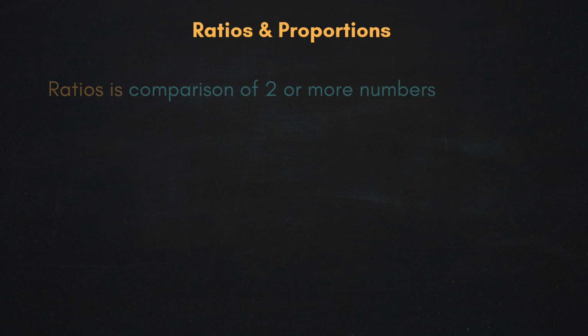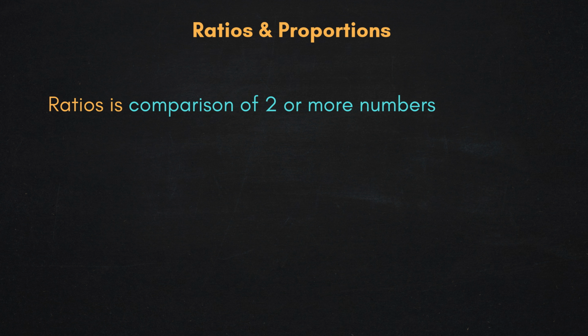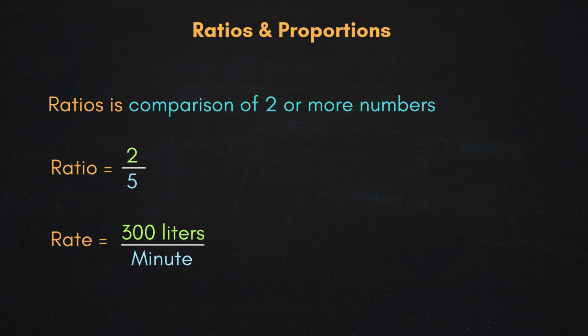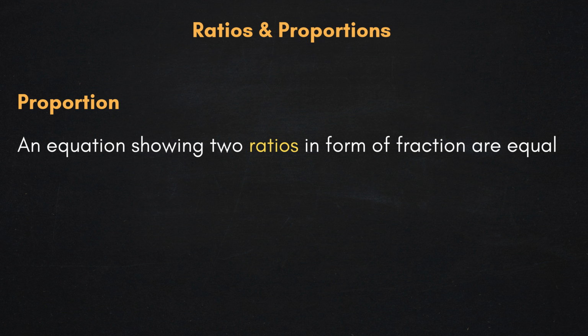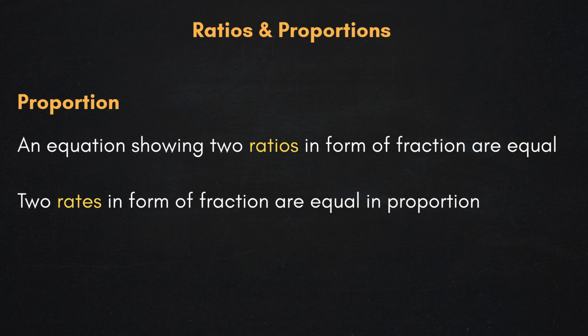A ratio is a way to compare two or more numbers that shows how much of one thing there is compared to another. Remember, ratios compare numbers, while rate compares two different quantities. A proportion is an equation that shows that two ratios in the form of fractions are equal. Or, if one rate is equal to another rate, then we call it a proportion.